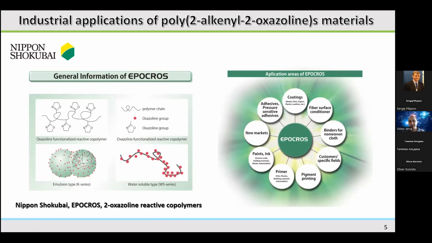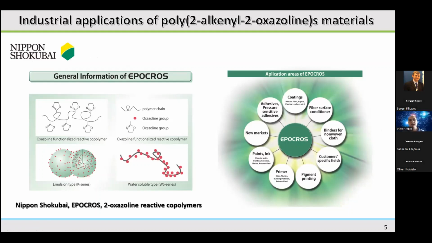So although polyoxazolines synthesized by CROP are more well known than this polymer, they do not yet reach commercialization. But the polymers possessing these oxazoline units as pendant groups are already available on the market for, I think, more than 10 years.